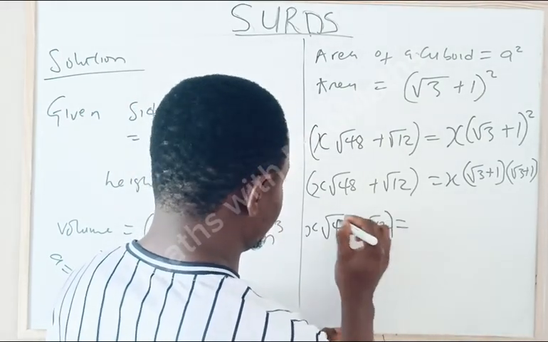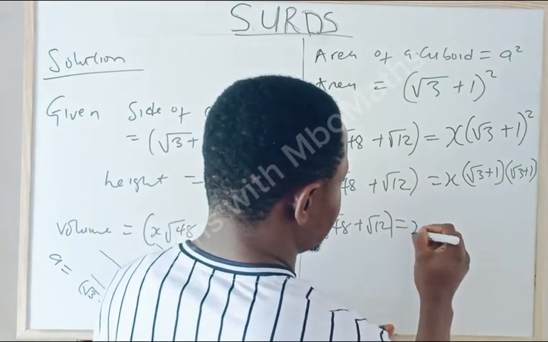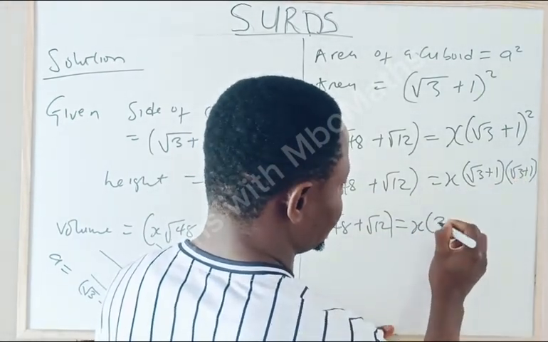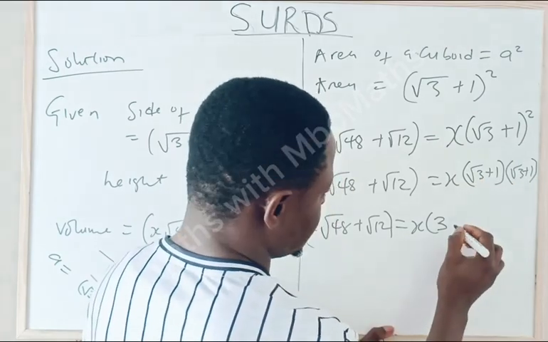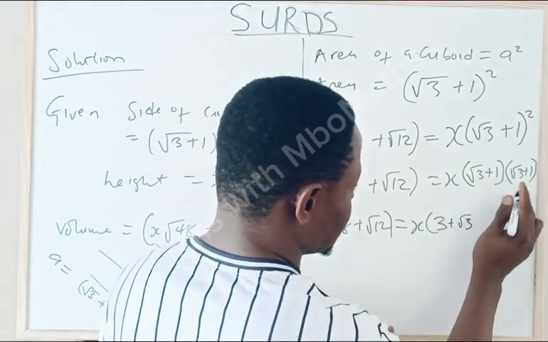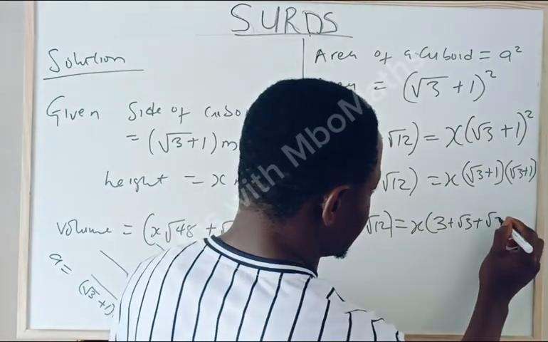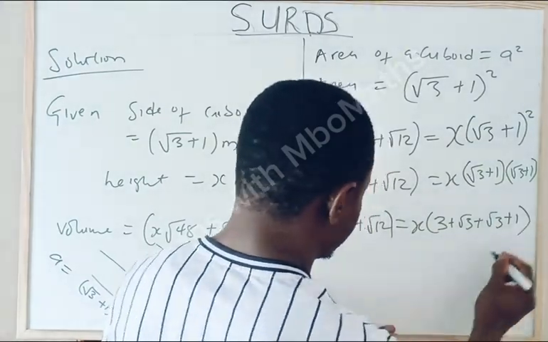So that means this is equal to x into root 3 times root 3, you have 3. Root 3 times 1 plus root 3. 1 times root 3 plus root 3. 1 times 1 plus 1.